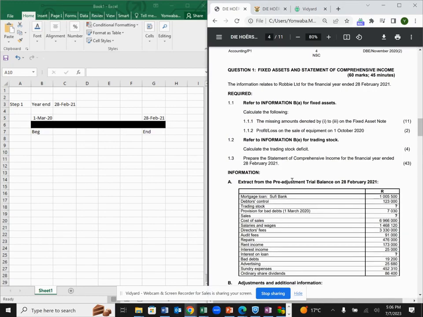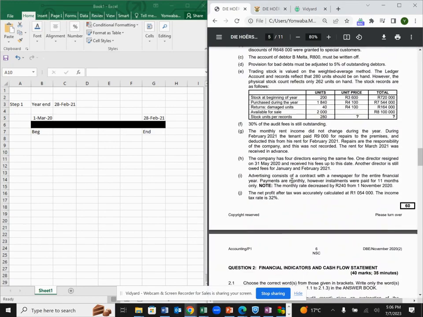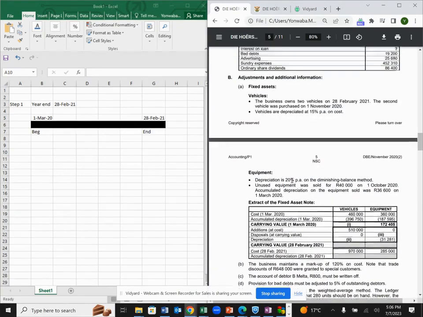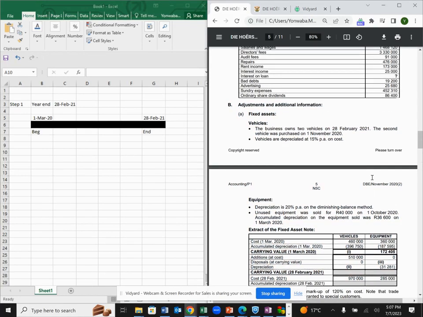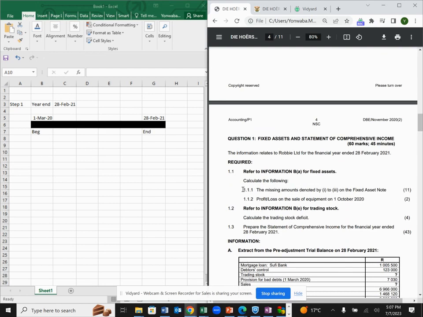That means that in question one, there's a lot of information, but they guided you that this is the information you need to be focusing on. BA only up until this one. Don't go beyond this one. That's the information that is relevant for part A. So you see, they guided you already.